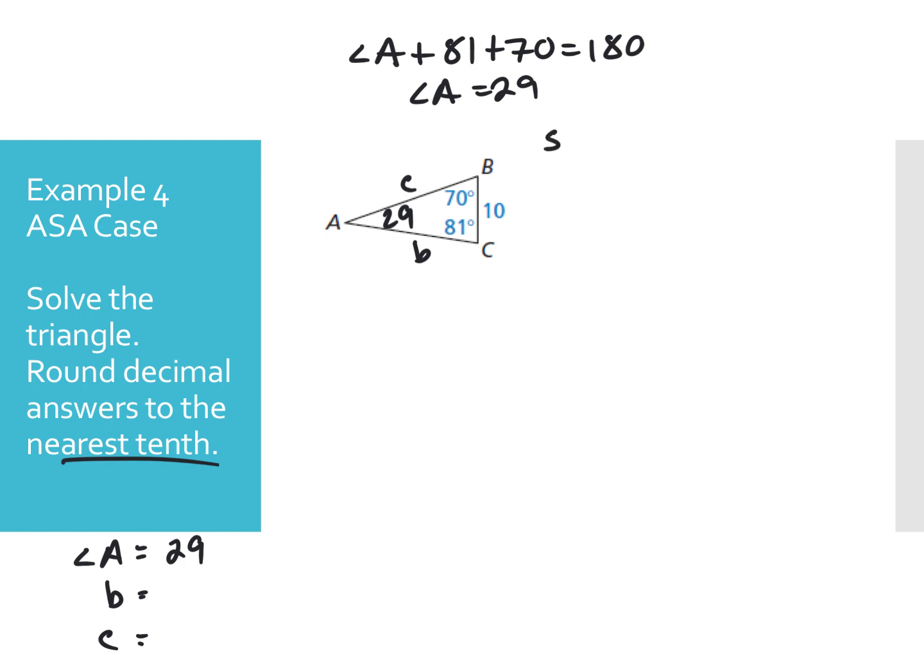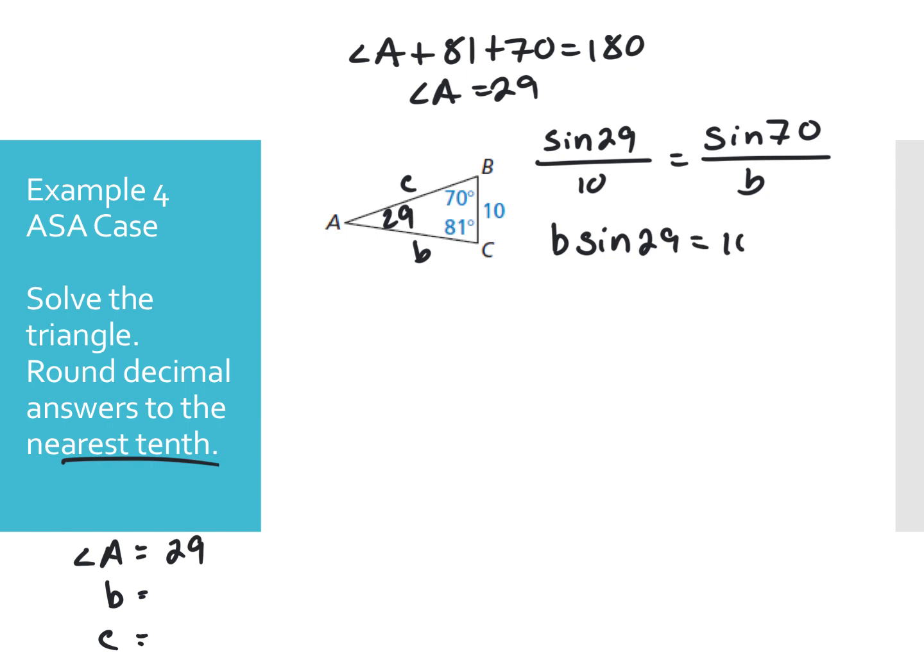So, I can do sine 29 over 10 equals sine 70 over B. Now, I'm going to go ahead and cross multiply to get B sine 29 equals 10 sine 70, and that's going to give me that B equals 10 sine 70 over sine 29.